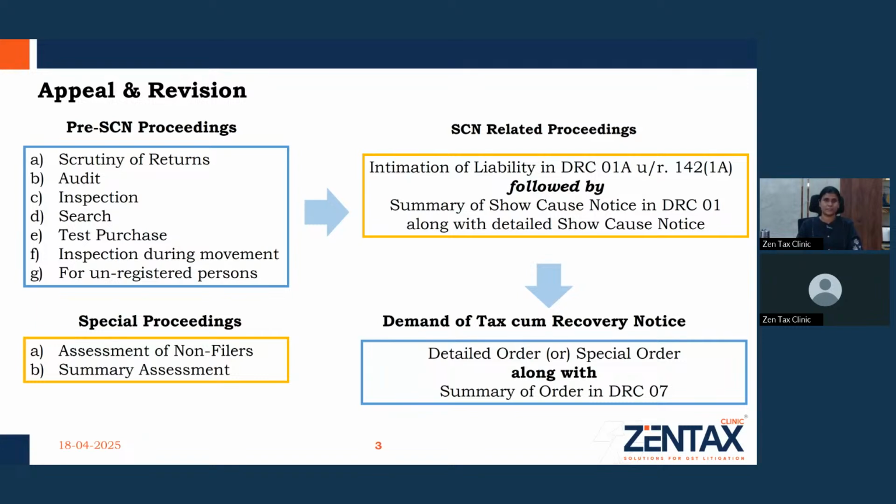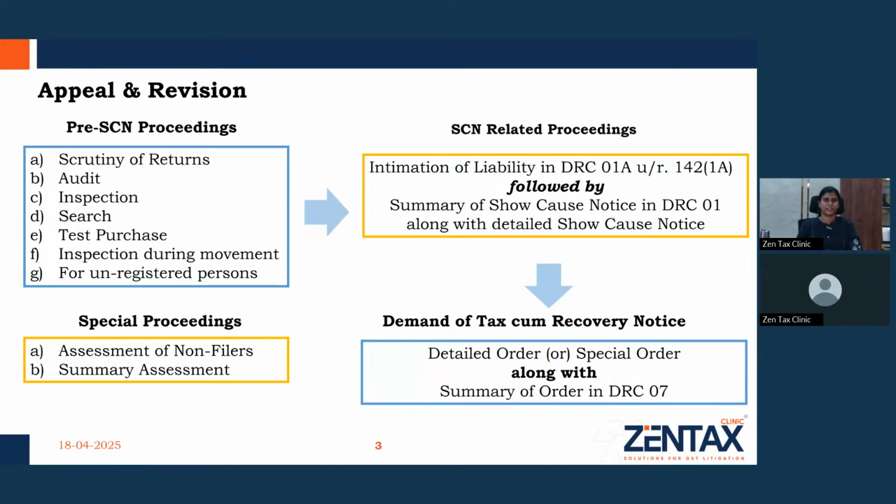The next stage after the show cause notice will be the order. Such order will be issued under Section 73 or 74 of the CGST Act, in Form DRC-07. Such order will also have a detailed summary of such orders.